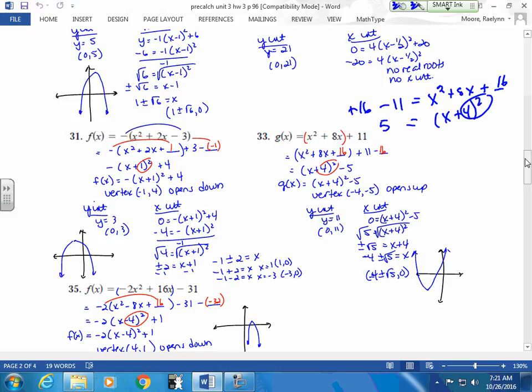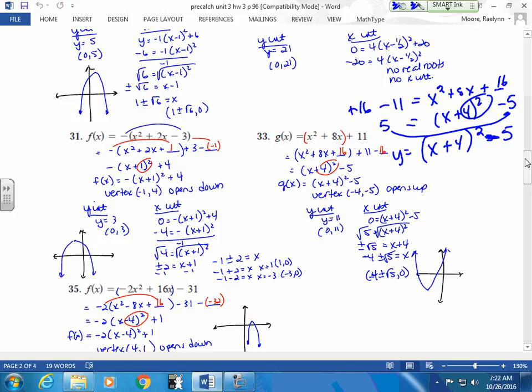When I move the 5 over, it becomes a negative 5. Don't forget, you've got to move it back over here. This will set up your vertex point. So 16 is 4 squared. After you find half of b, just square whatever's there, put it here, and wherever else you put it.